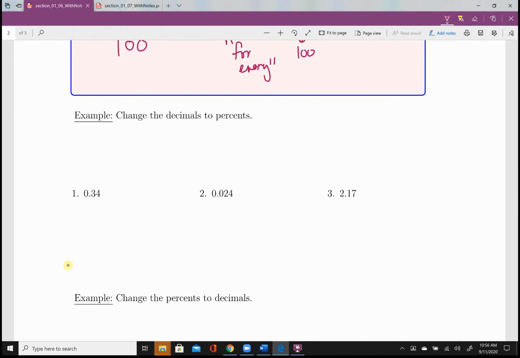So the trick here is to, and I have a little bit of space above the particular numbers in order for me to write the procedure here. You're basically going to move the decimal place 2 units to the right.